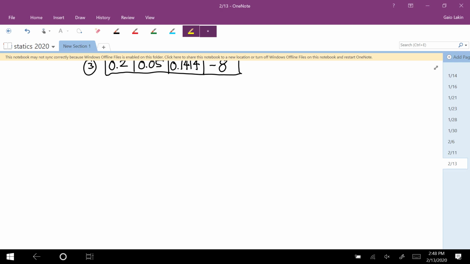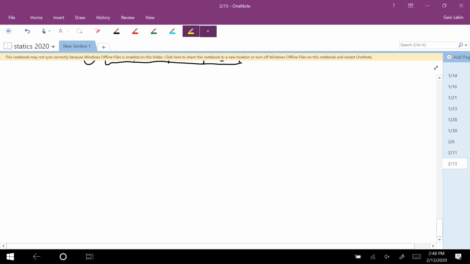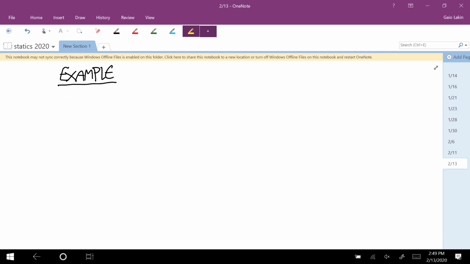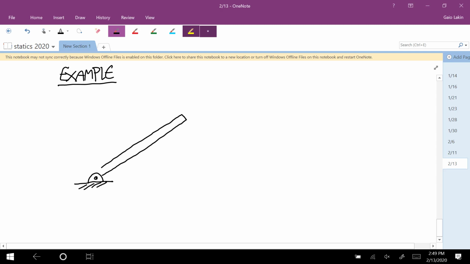All right, so let's do this one first. Let's say there's a pin joint connected to the ground, and that supports a beam like this that makes an angle of 30 degrees with the ground.